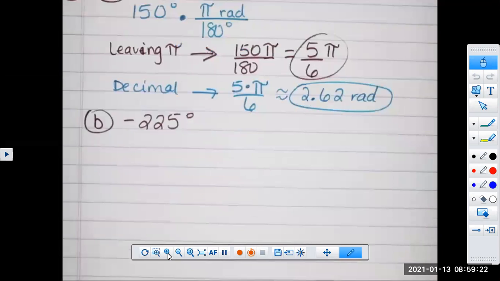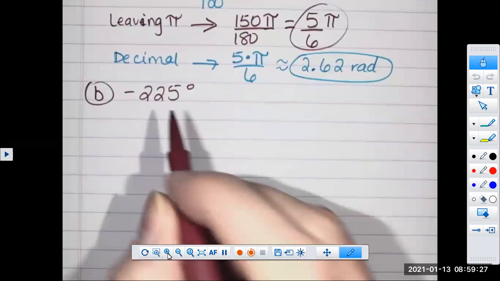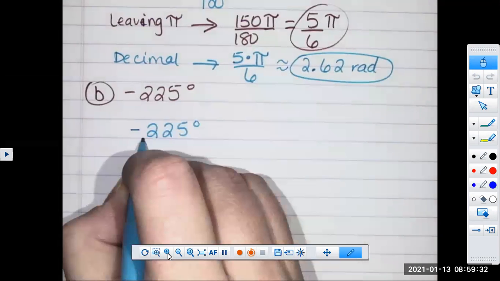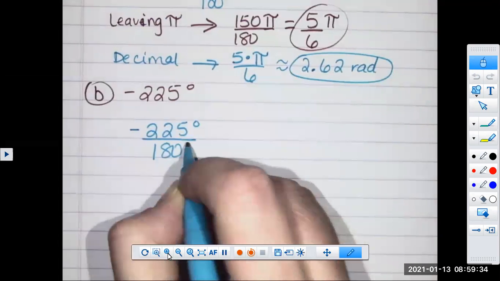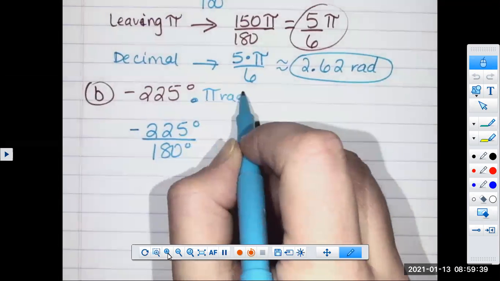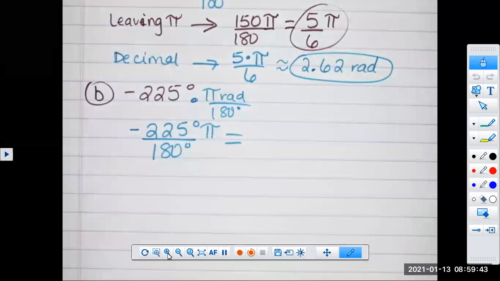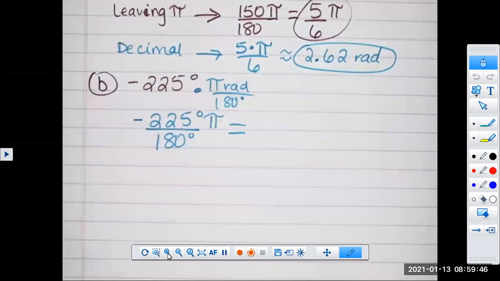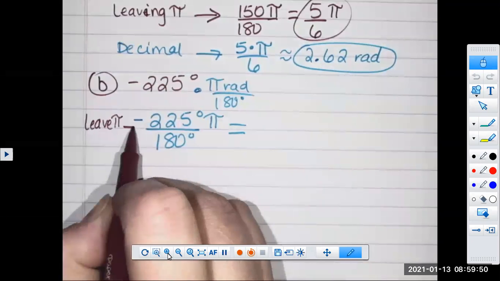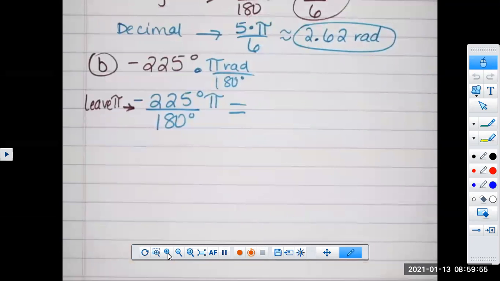Okay, part B, negative 225 degrees. If you're leaving it in pi, so you're going to say negative 225 over 180. So leaving pi, negative 225 over 180, reduce that.